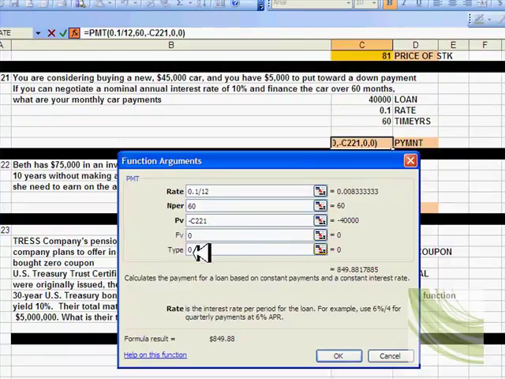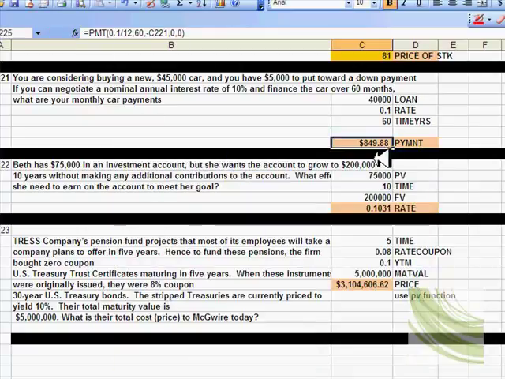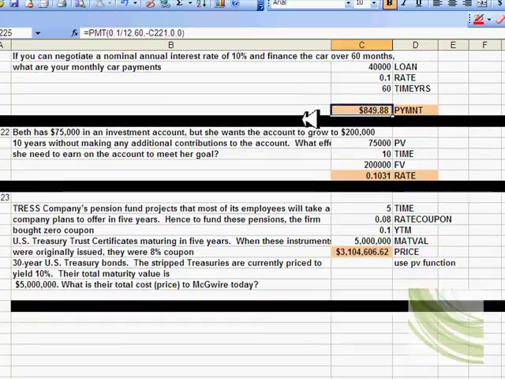Future value is 0, type is 0. So you need to pay $849.88 per payment to pay off that loan. Make sure you divide the interest rate by 12 months to get the monthly rate. And of course the periods are 60 months, and that's how you'd calculate that.